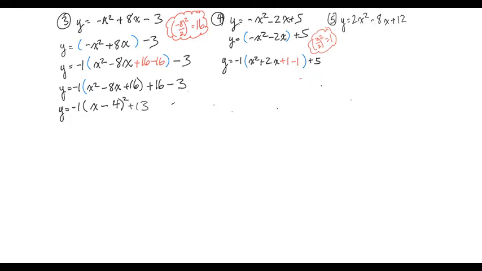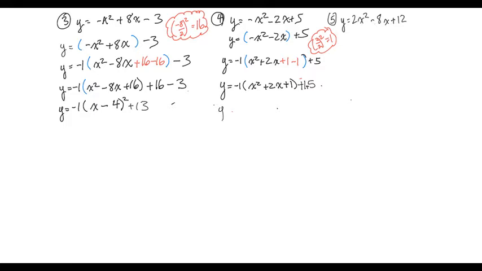We add it and subtract it inside our bracket. And now we go about taking out this -1 that's at the end of this bracket. We want it out of there. So we pull out our -1, and it ends up being x squared plus 2x plus 1, and then -1 times -1 will give us +1, plus 5.